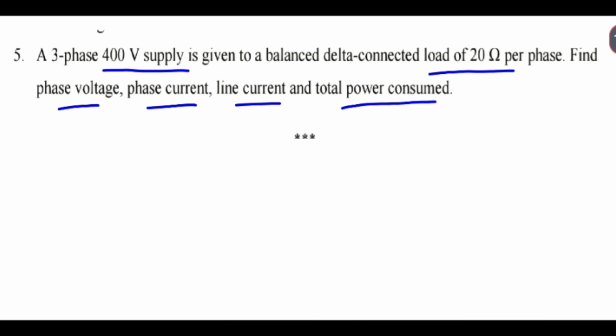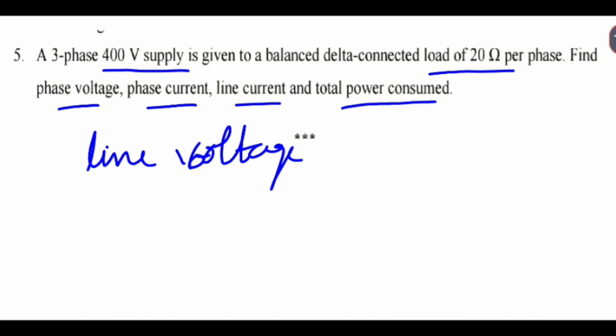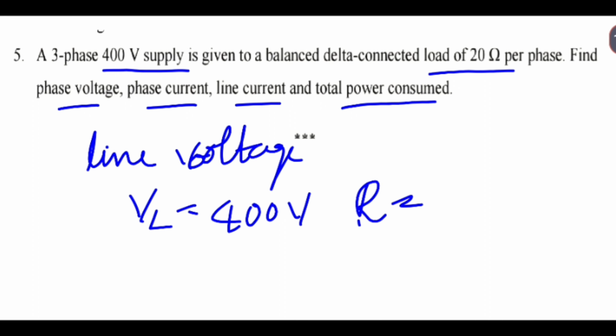So in the three-phase delta, what are the data as given here? Write that down. The line voltage is given, you can represent it as VL is 400 volt, and resistance as given, R is 20 ohm.